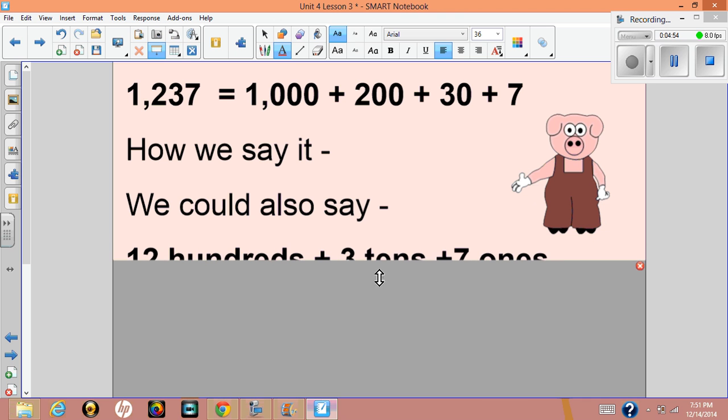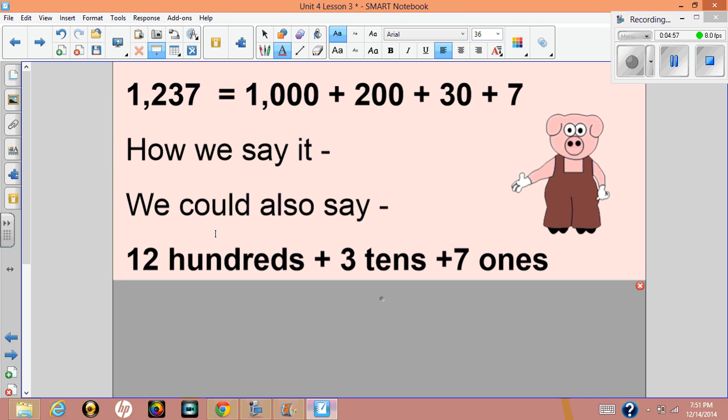We could also say 12 hundreds, 3 tens, and 7 ones. We could combine the 1,000 and 200 into the hundreds column and call this 12 hundreds plus 3 tens plus 7 ones.